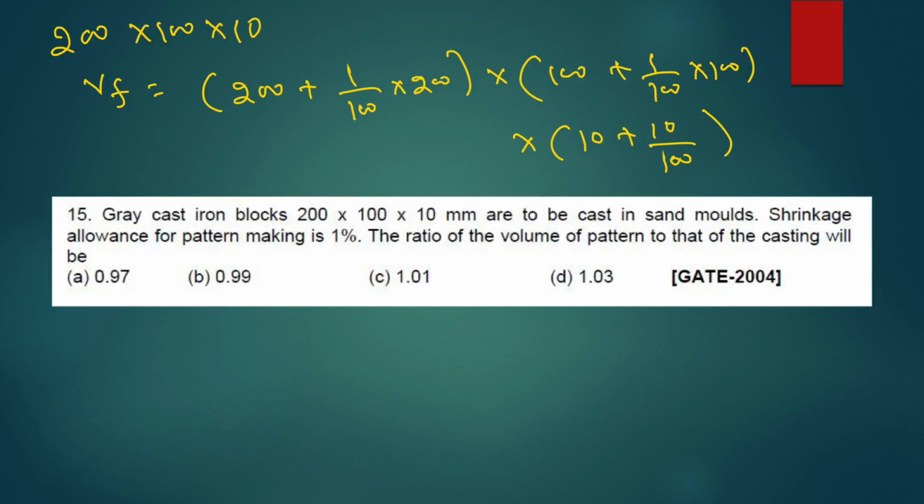Then you will get final volume, 202 into 101 into 10.1. This is final volume.